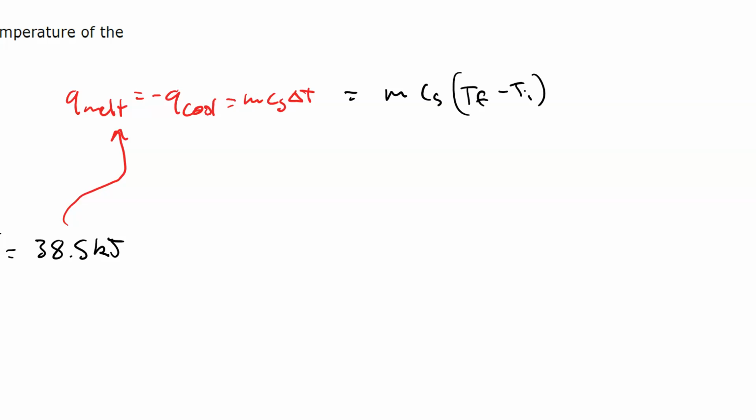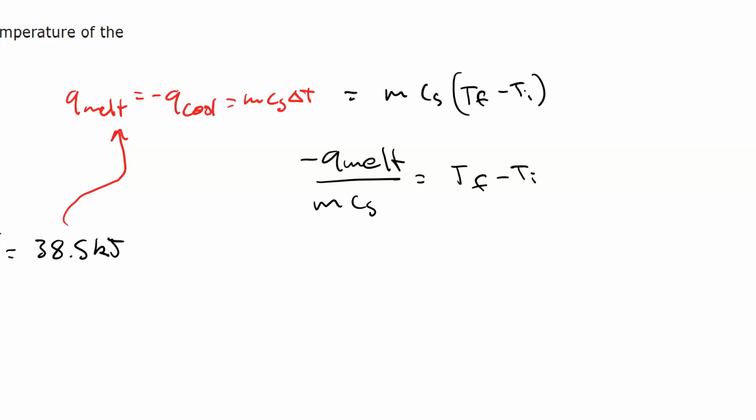Then I want to divide both sides by m Cs. So I get negative Q melt over m Cs equals Tf minus Ti.